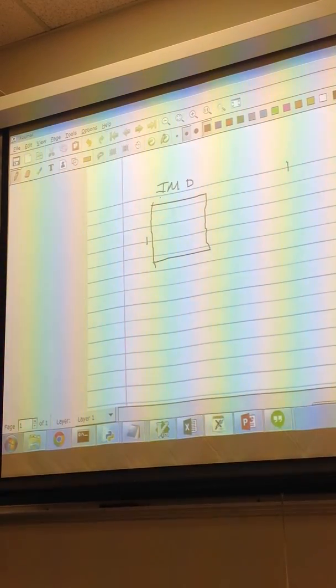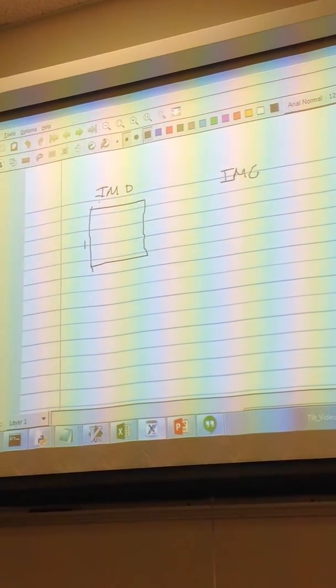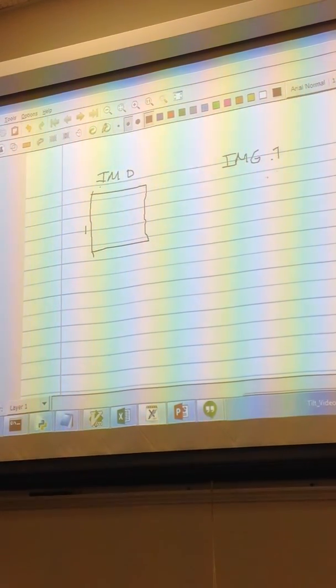Add some other image 1. It's still pretty slow.